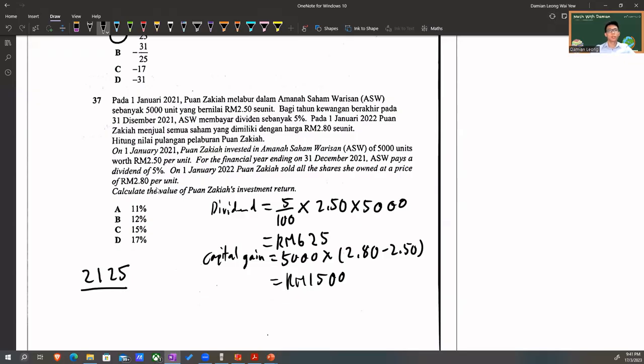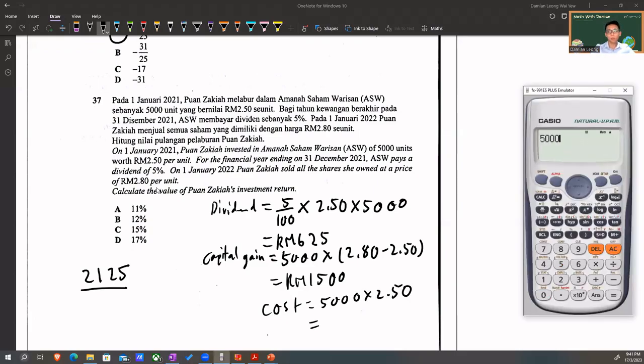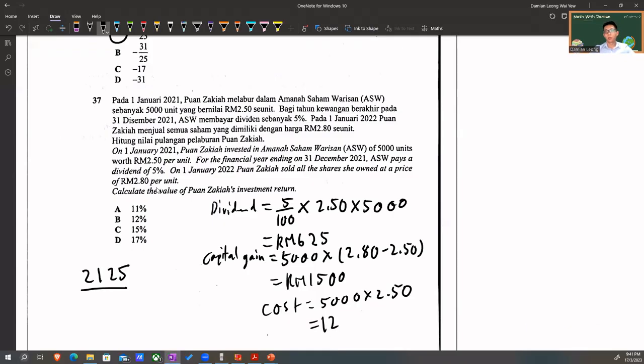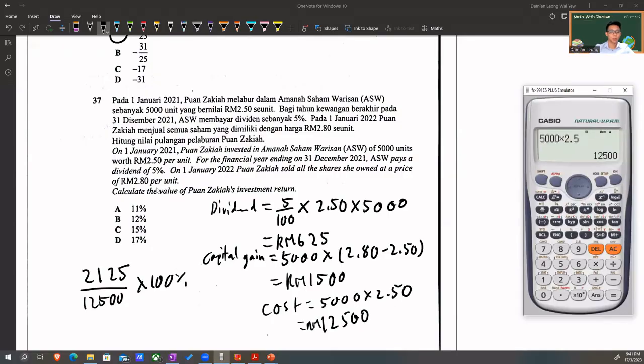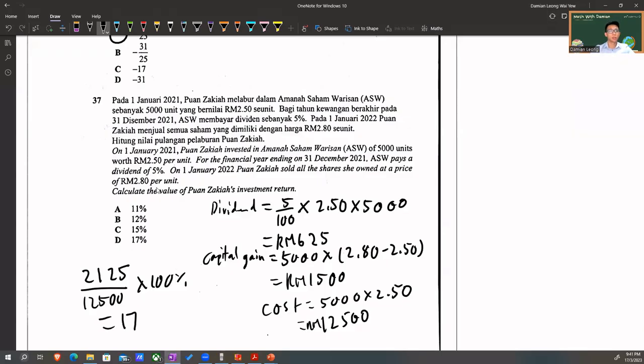So I put it over the cost. Cost is 5,000 units times RM2.50 per unit, RM12,500. So over 12,500 times 100%. 2,125 over 12,500 times 100 is 17. So 17%. Answer D.